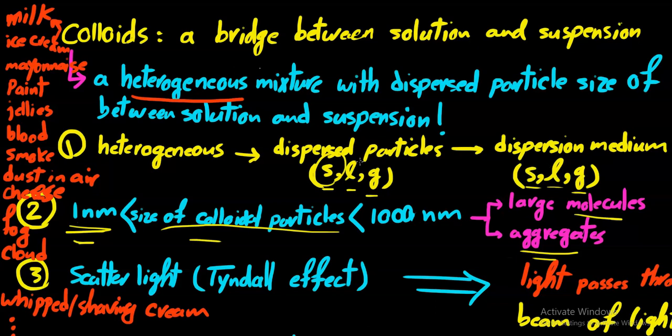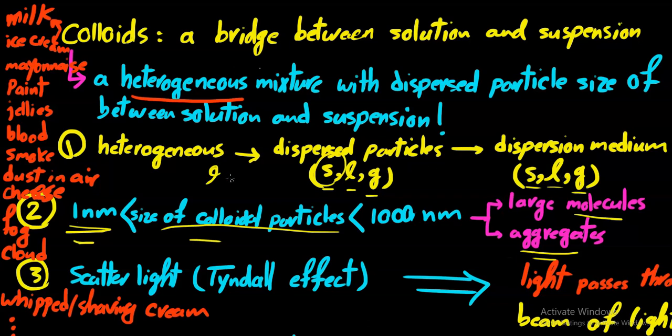So theoretically we have 9 different sorts of colloids: solid in solid, solid in liquid, solid in gas, liquid in solid, liquid in liquid, liquid in gas, gas in solid, gas in liquid, and gas in gas.